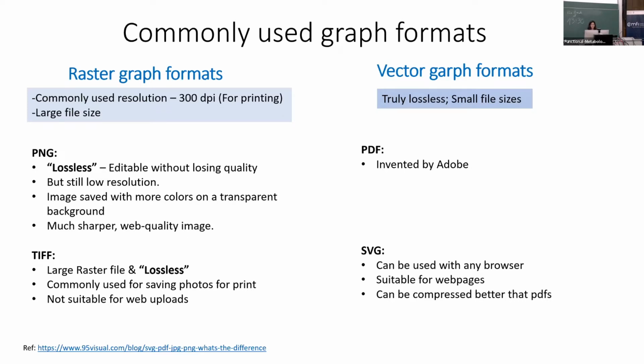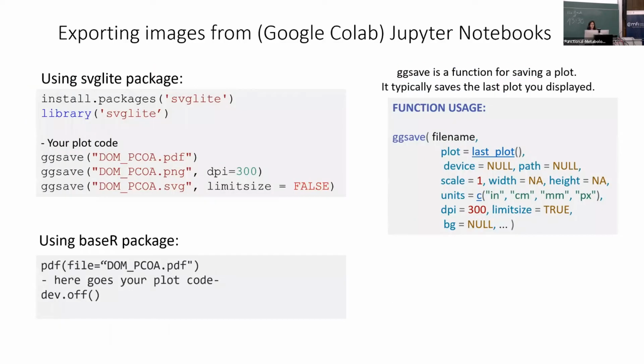So that's all about this introduction. We can basically save our plots using two packages. I basically like the svglite package because for ggplots, it's a great tool. When you get these ggplots out of your R script, it's a high quality plot. svglite provides the function ggsave, which is good for saving your ggplots.